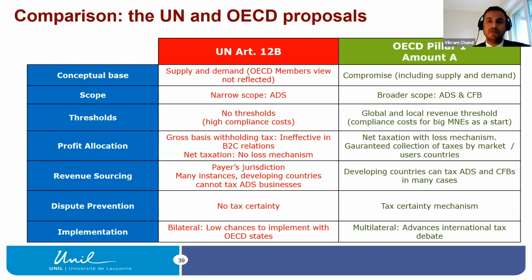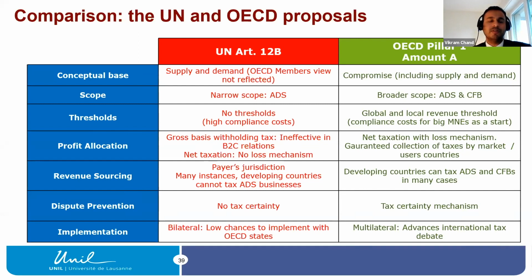Under the UN proposal, India cannot collect any taxes on this. Whereas under the OECD proposal, yes, India can collect an Amount A allocation. So based on the way the revenue sourcing rules have been designed, a lot of ADS businesses will not really fall within scope in the UN proposal.